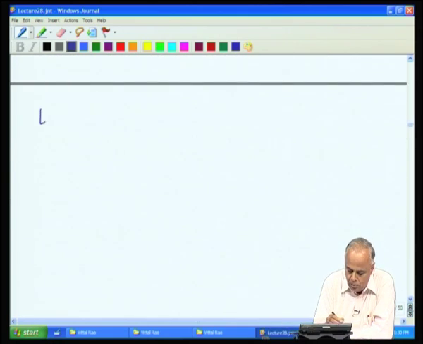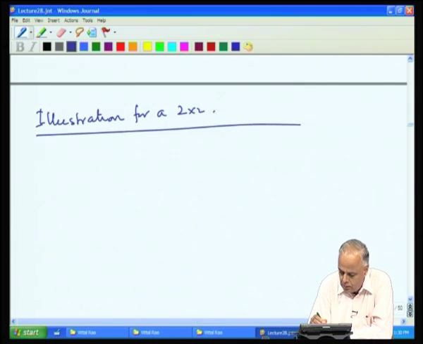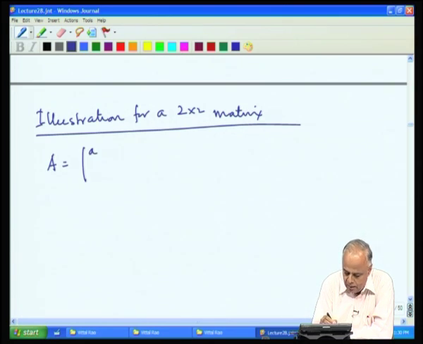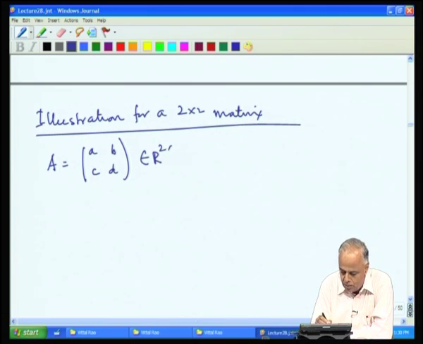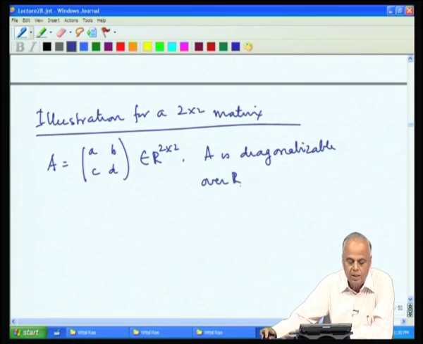So, look, illustration for a 2 by 2 matrix. Just to see what these calculations mean. So, suppose I have a 2 by 2 matrix A, B, C, D belonging to R 2 cross 2 and A is diagonalizable over R. What does that mean?